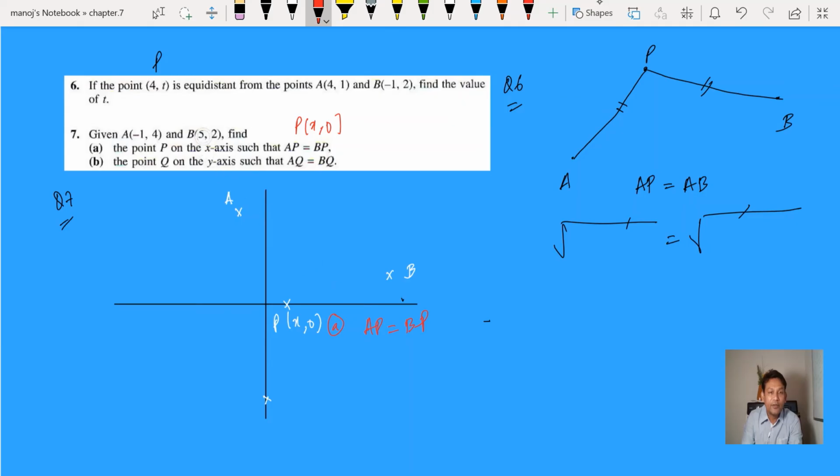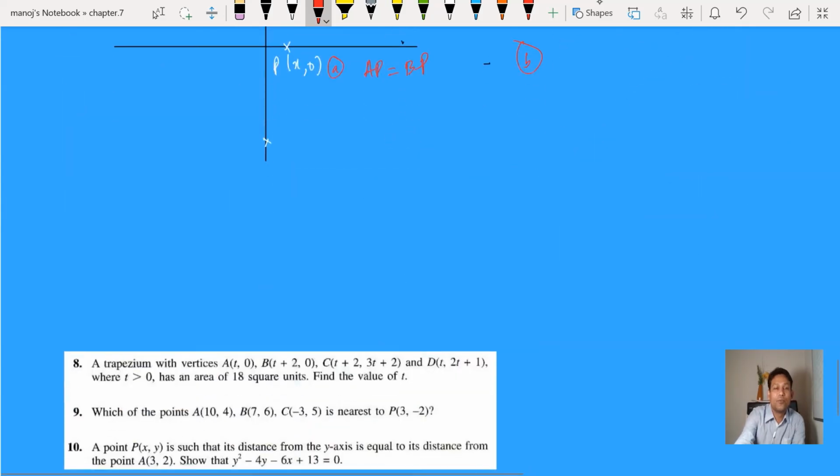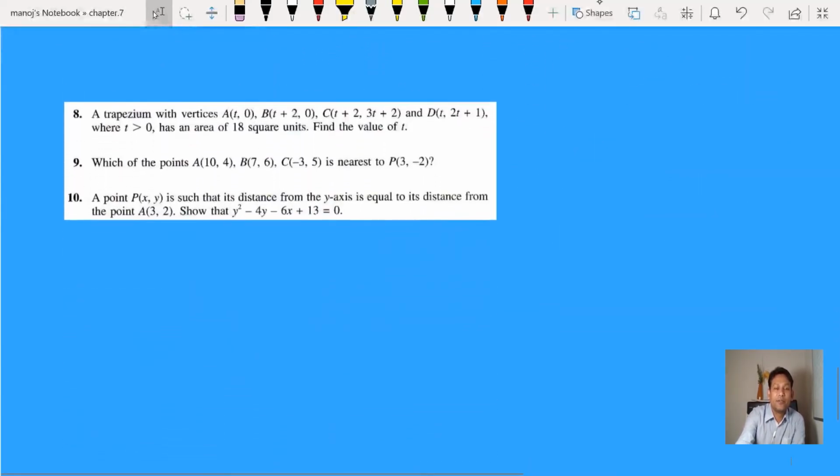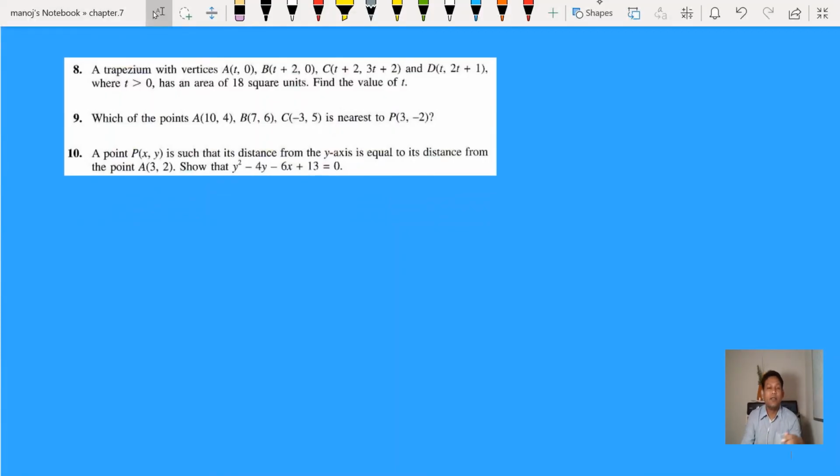A is given, P is here. You can use it and get the answer. Same thing in the B part. In the B part, Q is on the y-axis, so Q on the y-axis means you have to write 0 comma y. You can use the same coordinates 0, y, and do the working. There's no problem. I am just again giving an idea about these questions.